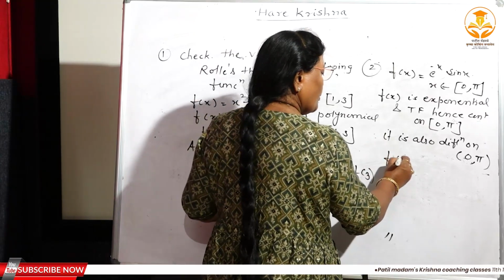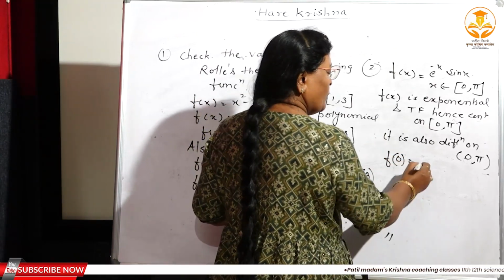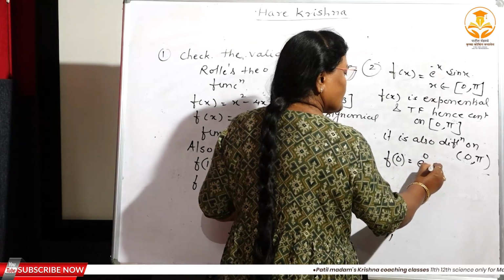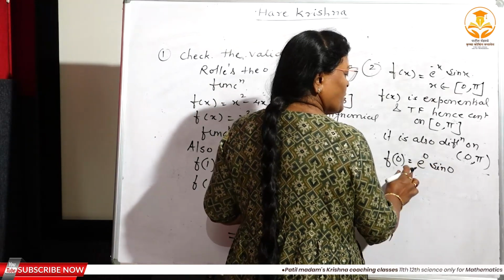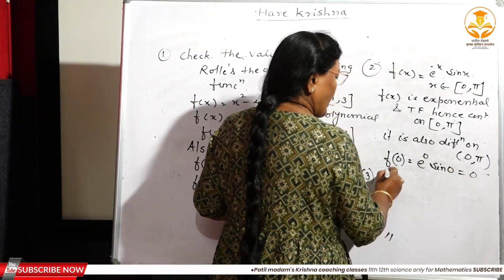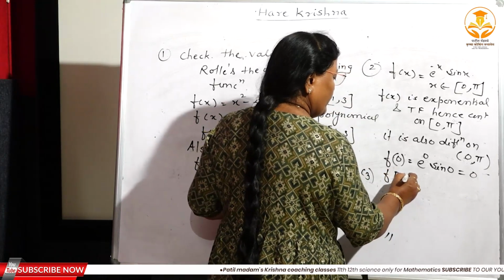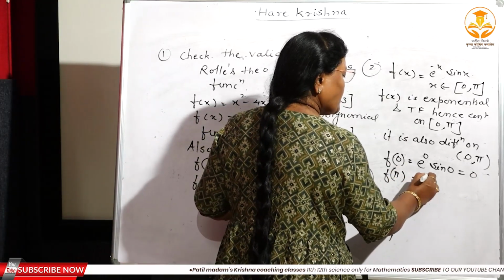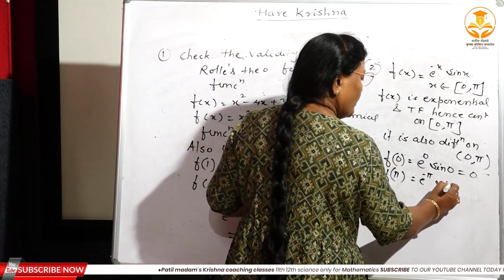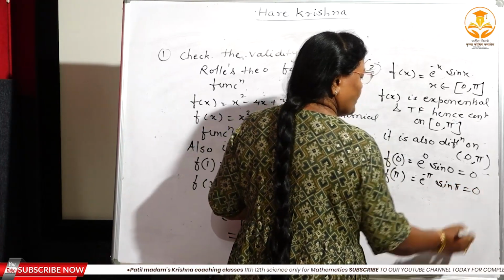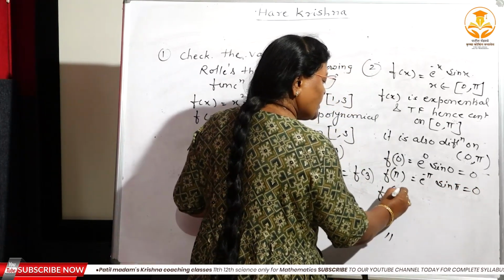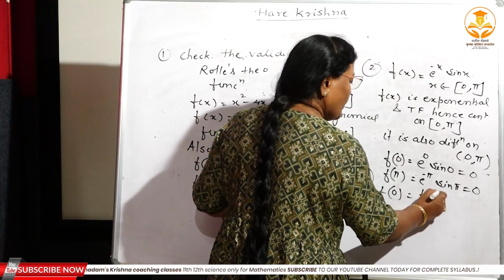Again, f of 0 means e to the power 0 times sin 0, e to the power 0 is 1, sin 0 is 0. Again, f of pi is e to the power minus pi times sin pi. The value of sin pi is always equal to 0. Therefore, f of 0 is equal to f of pi.